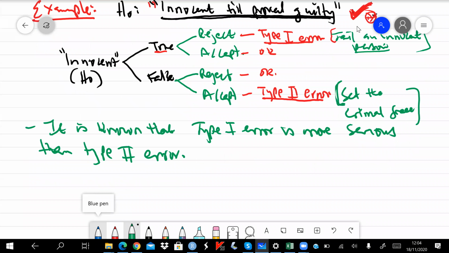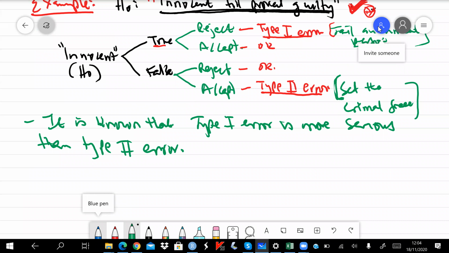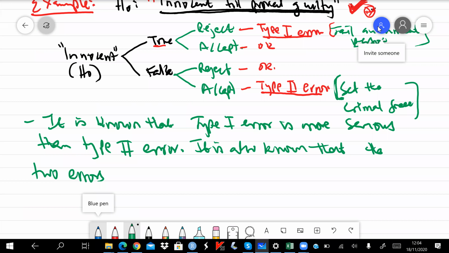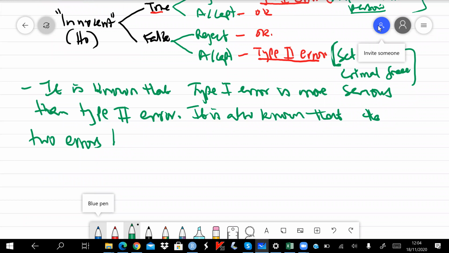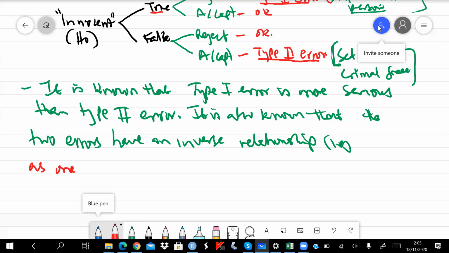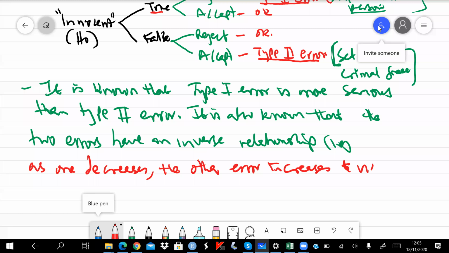Then it is also known that the two errors have an inverse relationship. That is, as one error decreases, the other error increases, and vice versa.